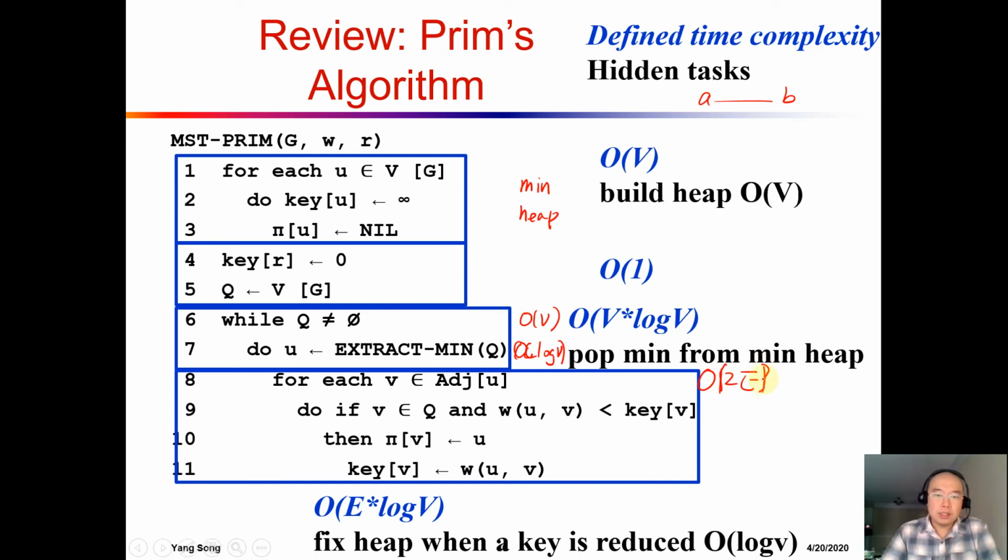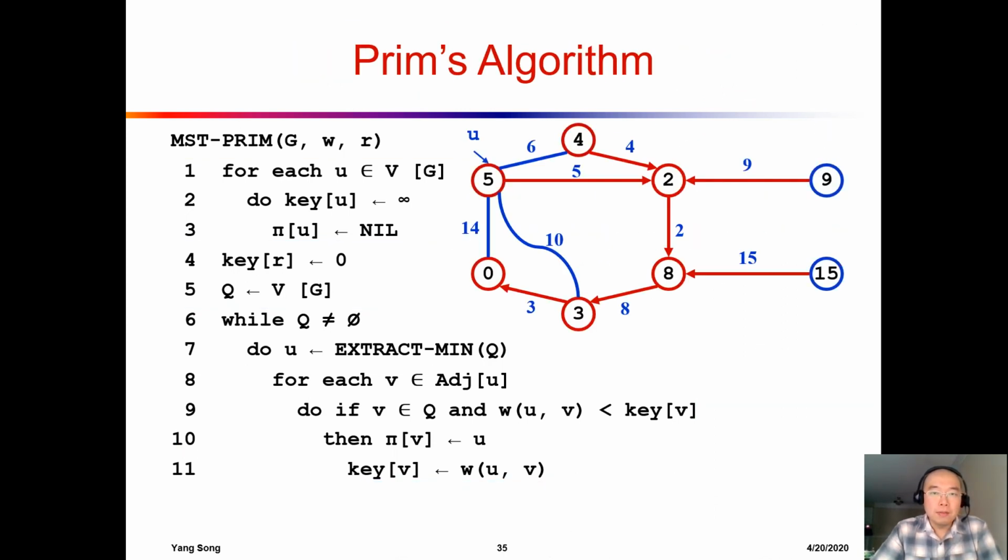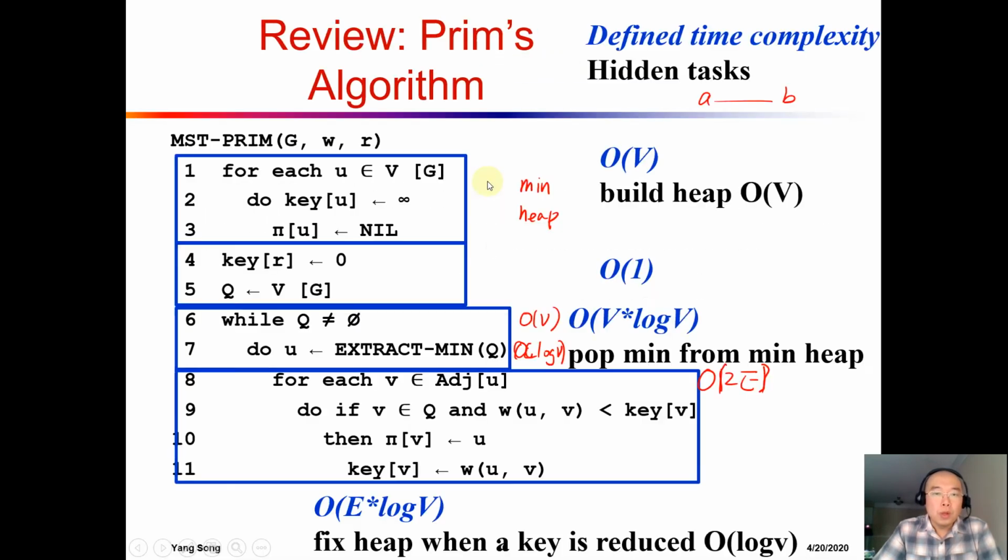The next part here is a hidden task again. Remember, when we are updating the key, we may reduce the key to an even smaller value, right? If we go back here, originally this node is 14, then we reduce it to 10, and then we reduce that to 5. So it is possible for us to reduce the value of a key, and that key itself is in the min heap.